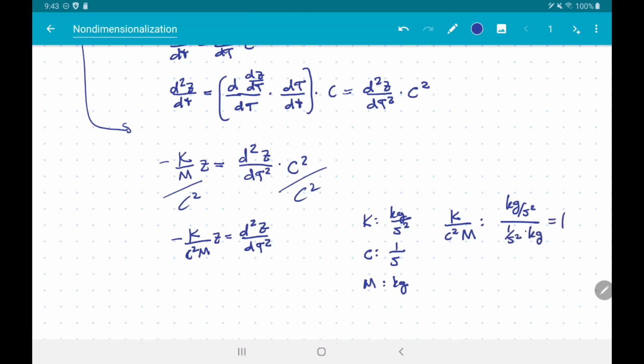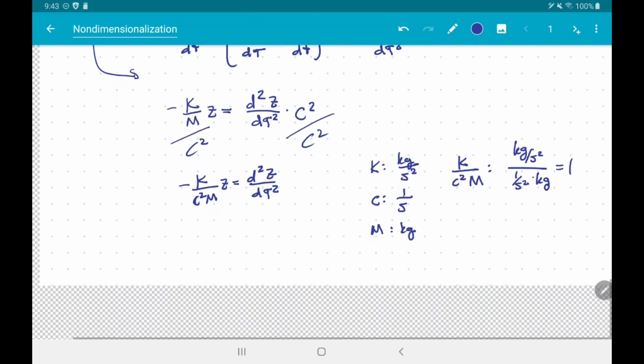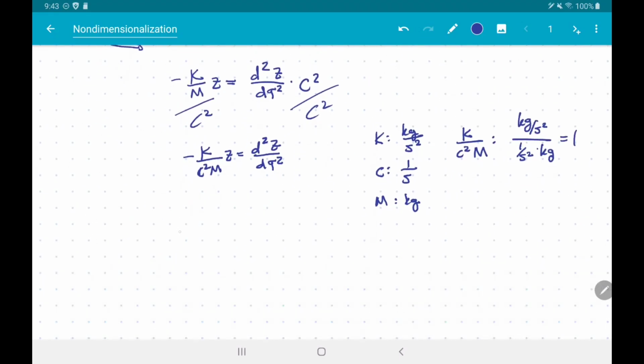And everything cancels out. So we are left with one number that is unitless. And since this number is positive, I'm going to let this be omega squared. And let me be specific here, this is a big C.